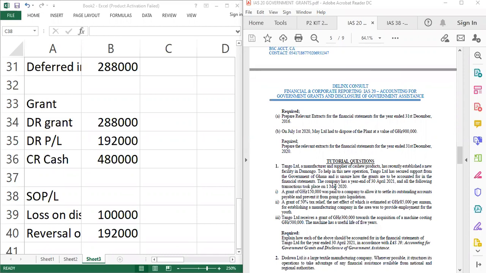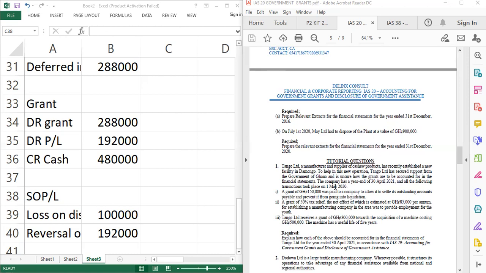2. A grant of 50% tax relief, the net effect of which is estimated at 85,000 Ghana cedis per annum, for establishing a manufacturing company in the area, to provide employment for the youth. 3.